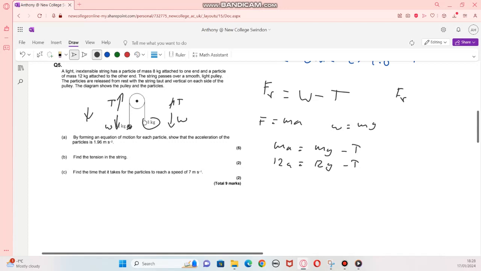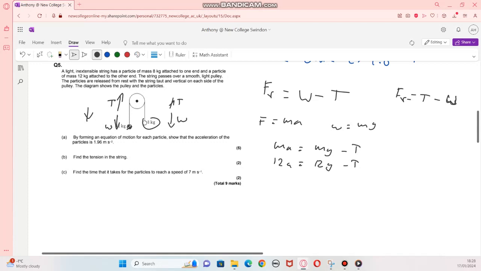So this is equal to tension minus weight, and in the opposite direction, so you do minus. The tension must be greater than weight for the particle to go up, so we do tension minus weight. But for the other one, since 12 kilograms is going downwards, weight must be greater than tension, so we do weight subtracted by tension.